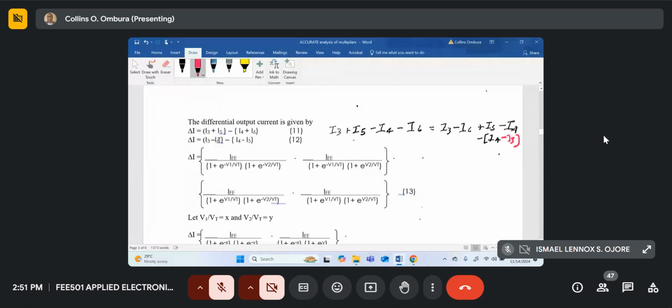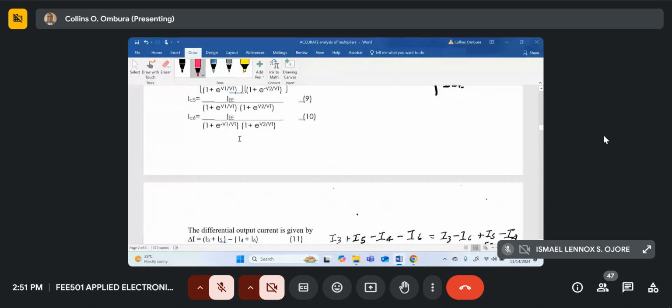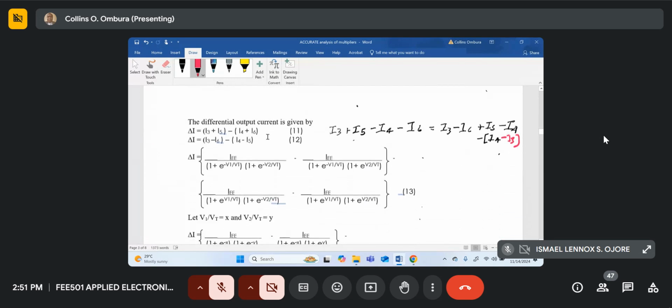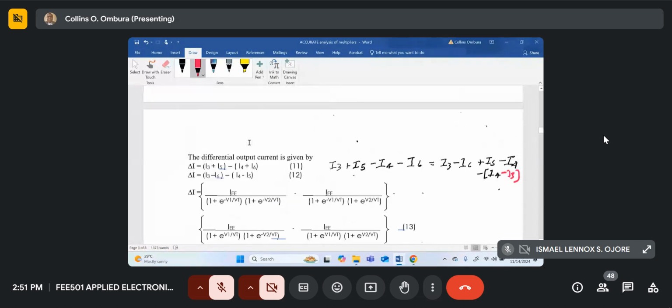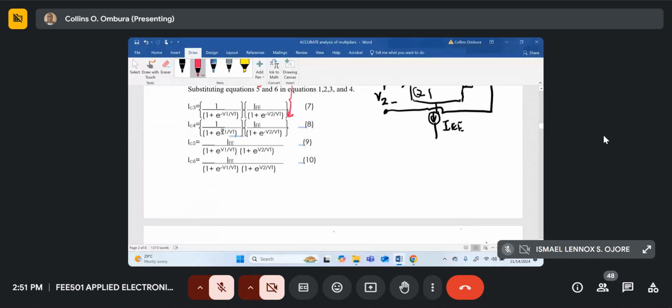Minus I6. So I6, once again, we can just go back. Equation 10 is I6, it's IEE divided by 1 plus e to the minus V1 into 1 plus e to the positive V2. Minus V1, positive V2. And then there's a minus sign over here. Then we start again, I4 minus I5. So I4 is equation 8.